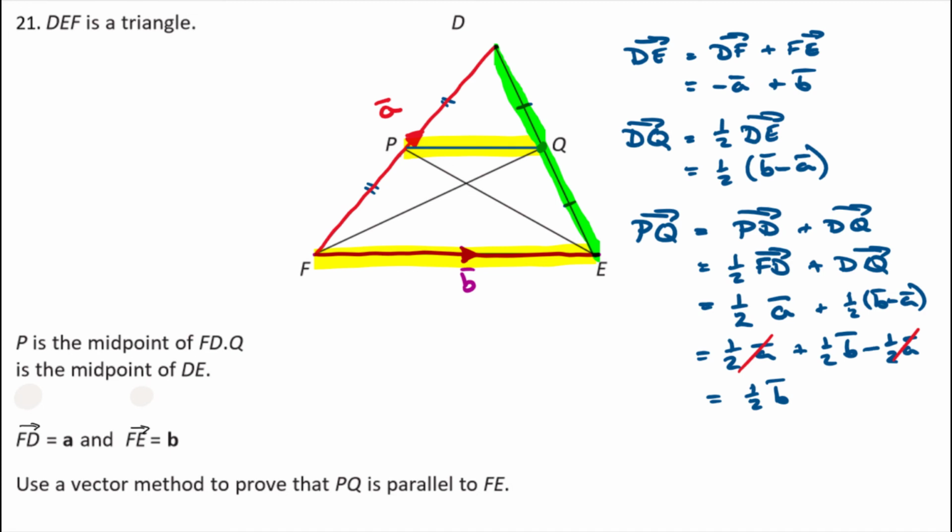I already knew that F to E was B, so now I can see that P to Q is some sort of scalar multiple of the other one. F to E is vector B, so therefore P to Q is half of F to E, isn't it?